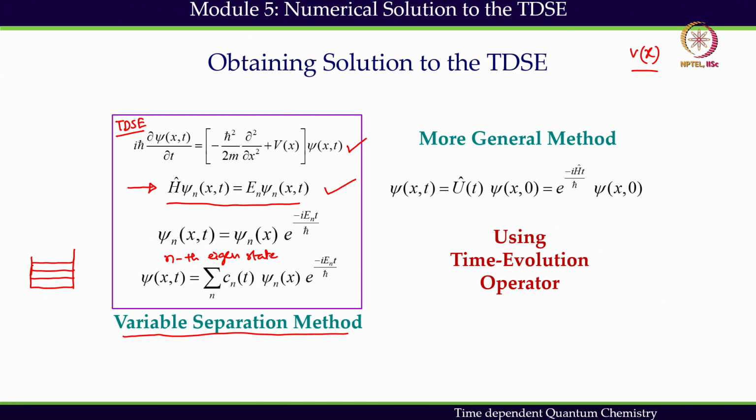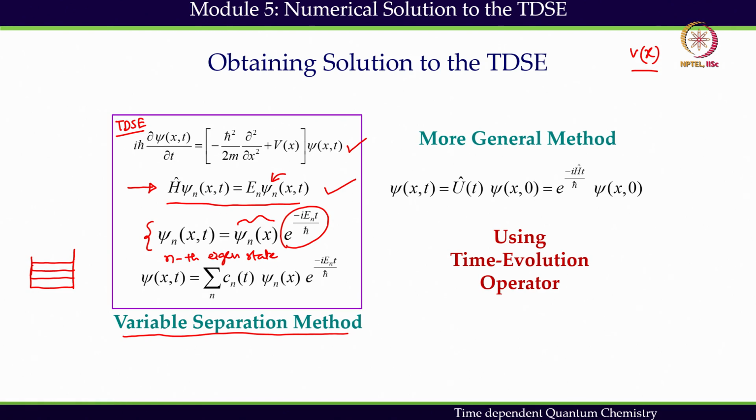Once we get those solutions, we can get the time dependent eigenstates, which is nothing but multiplying the stationary states by this time dependent phase factor that we have understood.